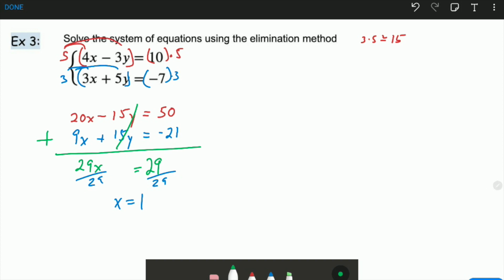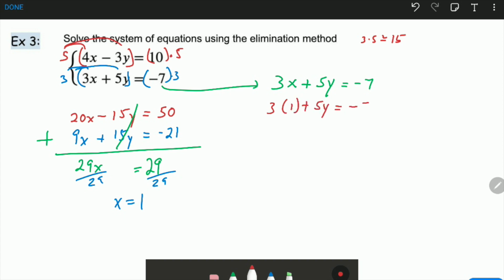Now that we have that, we still need to figure out what y is. So I'm going to go back to one of my original equations, just because they have smaller numbers in them, so it's usually easier to deal with. I'm going to replace x with 1. So 3 times 1 plus 5y equals -7.